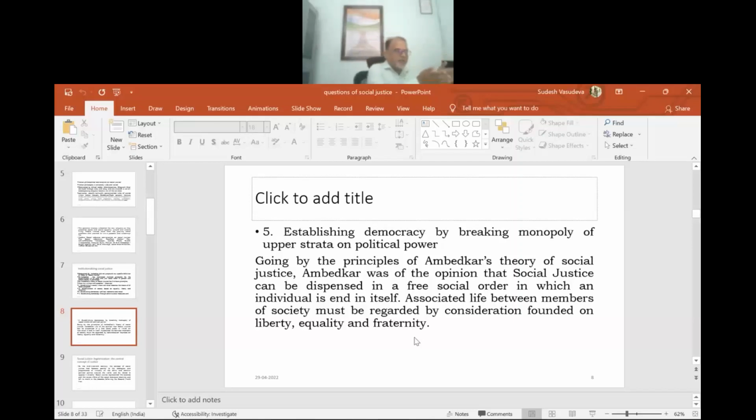So this conception of justice, which was built upon individual care, upon individual right, is transformed in the Indian context by Dr. Ambedkar and others by stating that it can be dispensed in a free social order where an individual practices the essence of social justice in all his associated life with other people in the society. And the central point in this associated life is liberty, equality, fraternity.